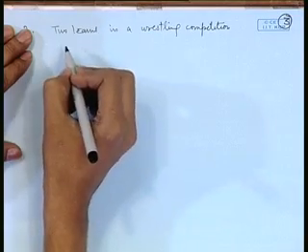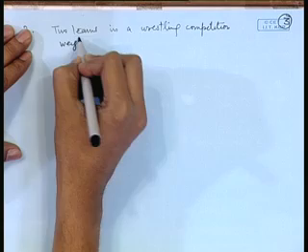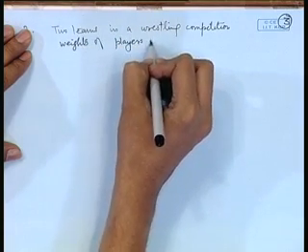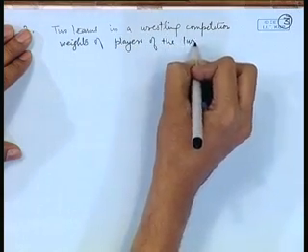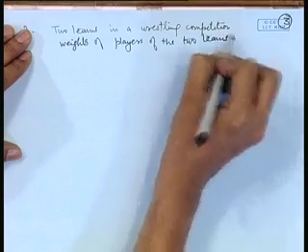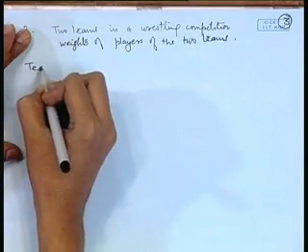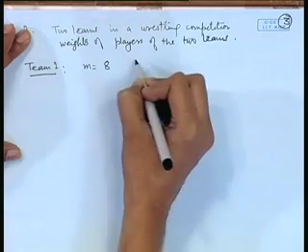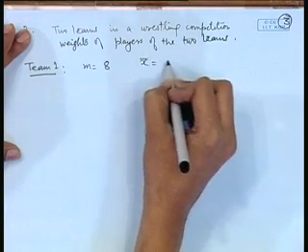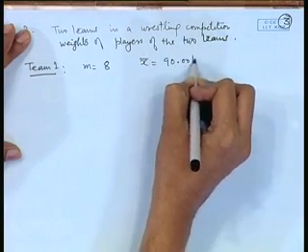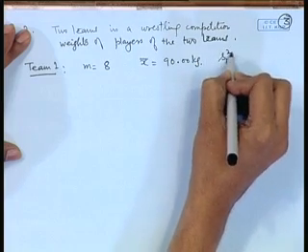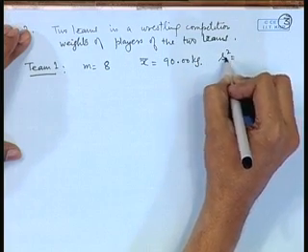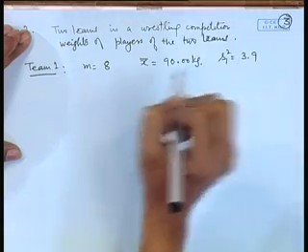So, we have weights of players of the two teams. From team 1, 8 wrestlers are randomly selected and their average weight is 90 kg, and the standard deviations are calculated from the sample, and S1 square turns out to be 3.9.